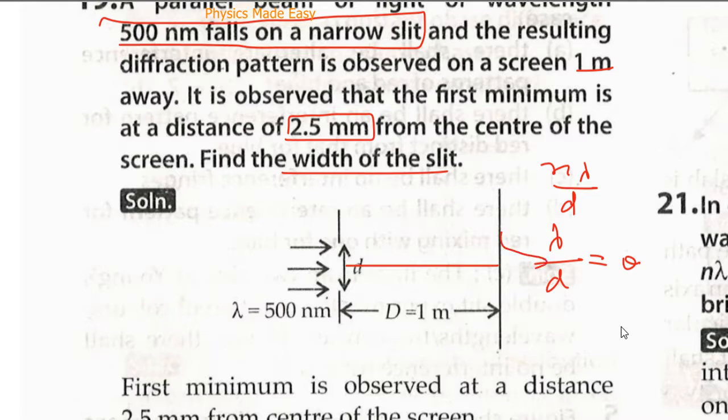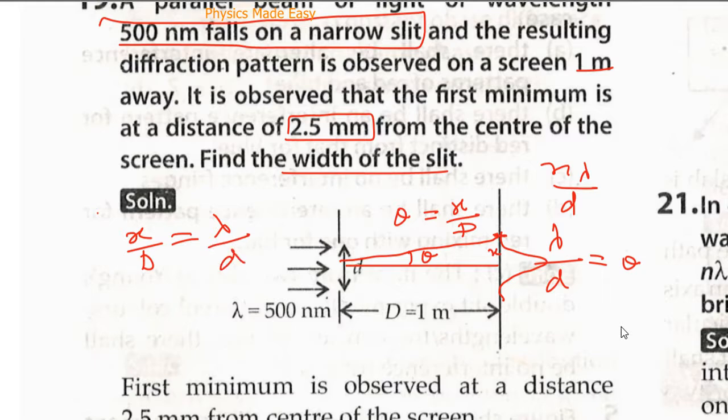This is the central maximum, this is the first minima, and this distance is x. This is theta. Theta is x by capital D. Now x by capital D is lambda by small d. So x is lambda into capital D by small d.